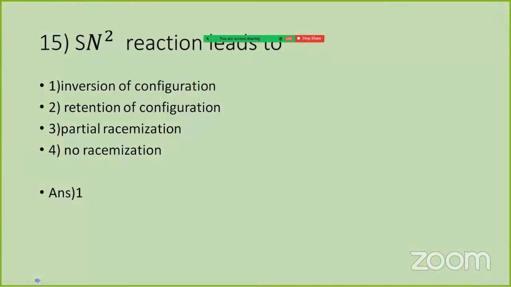Then next, let us see the 15th question. SN2 reaction leads to inversion of configuration. Just now we have studied it. Inversion of configuration means, suppose I take an alkyl halide. The bromide is leaving from the front side.